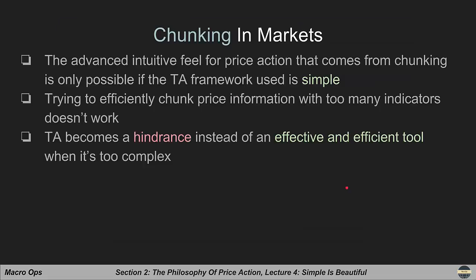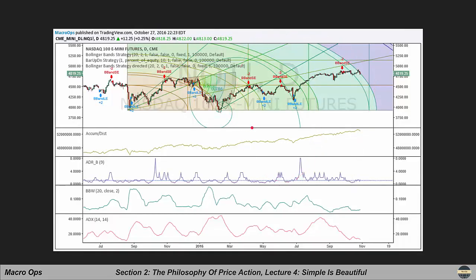So trying to efficiently chunk price information with a ton of indicators doesn't work. It's way too hard to do, and it becomes an absolute hindrance instead of an effective and efficient operational efficiency upgrade. So if we have a chart like this, back again to the curly Qs and every damn line oscillating up and down, it's extremely hard to look at this and make a quick, easy conclusion.